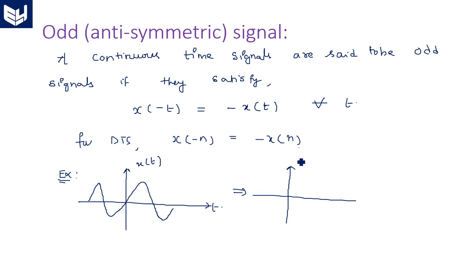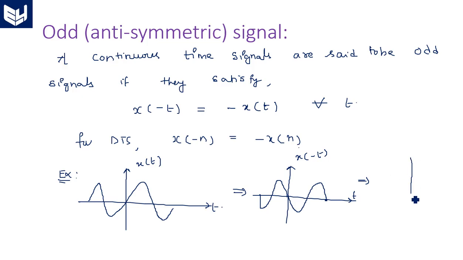For drawing x of minus t, fold this signal vertically. Like this it appears and like this it appears. Now apply negative amplitude.